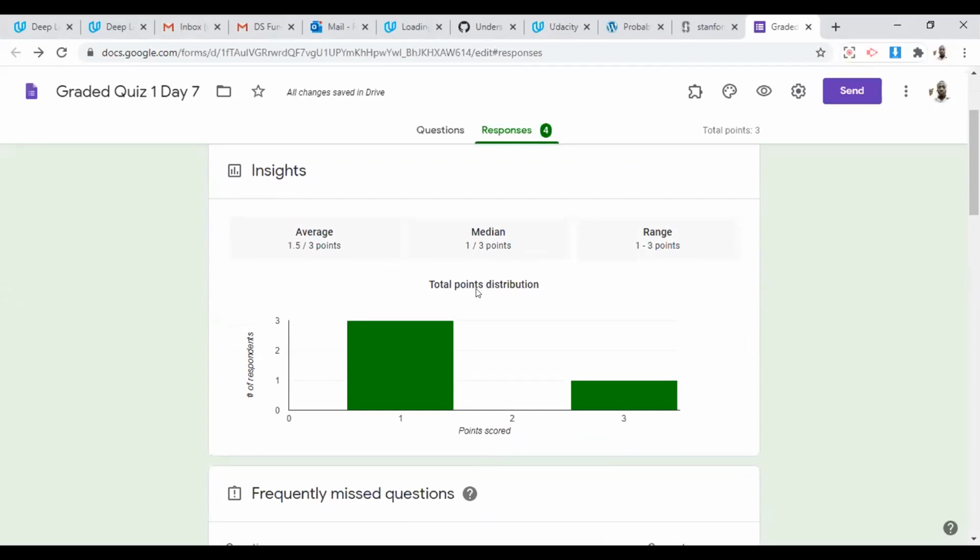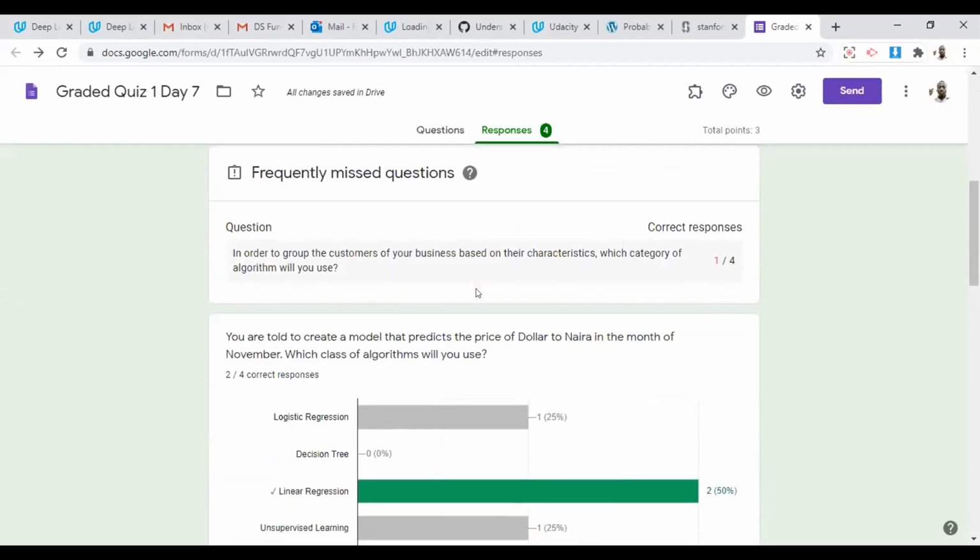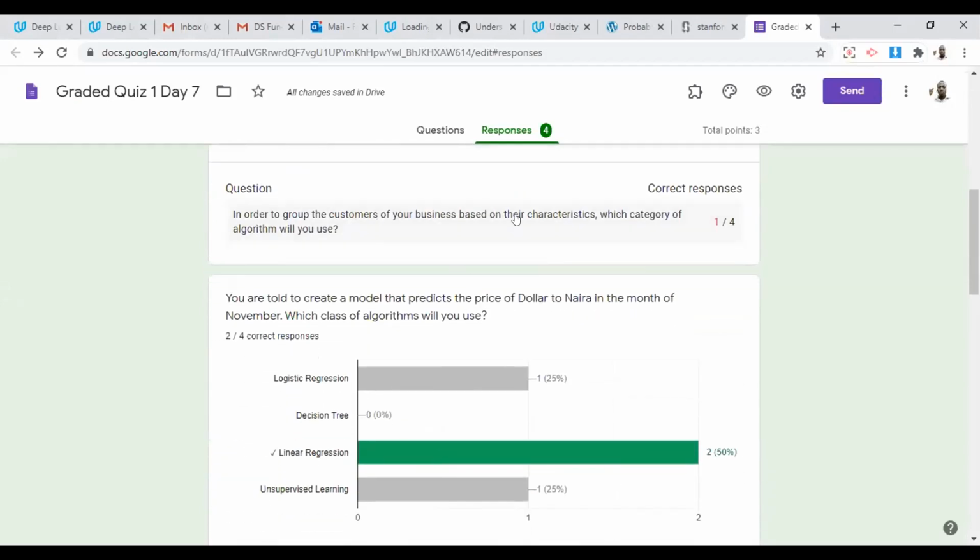So, okay, the first question we have from the quiz is, in order to group the customers of your business based on their characteristics, which category of algorithm will you use? And we have 4 options: logistic regression, decision tree, linear regression, and unsupervised learning. So I think just one person got that correctly.